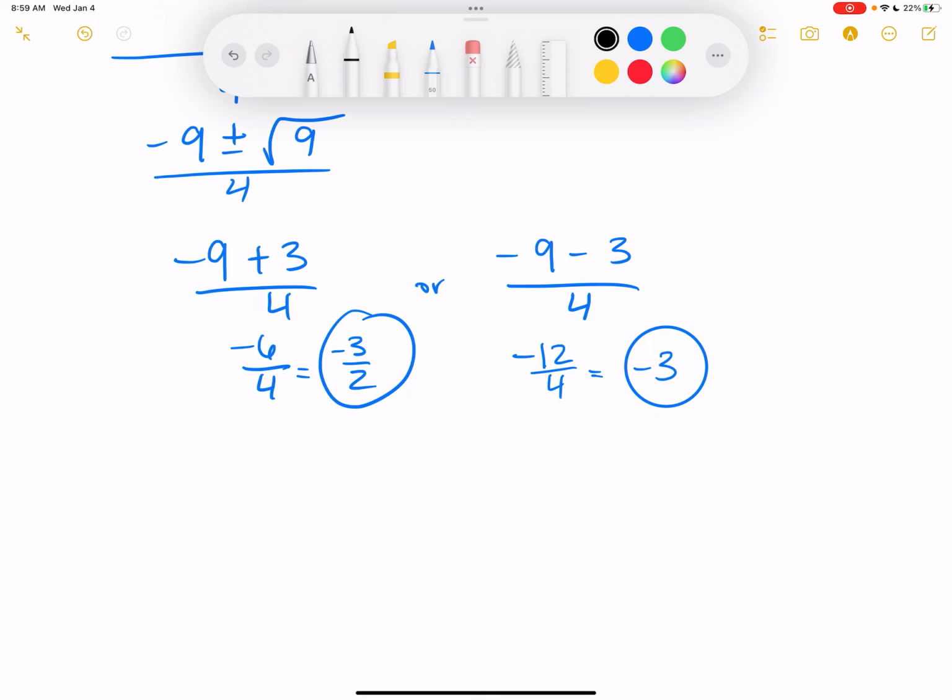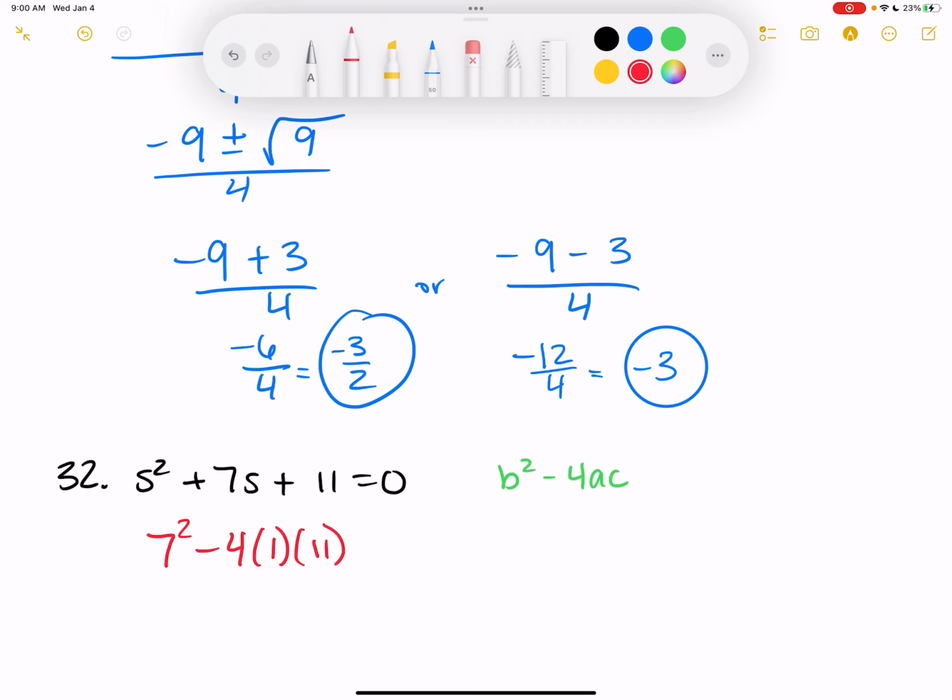All right, so 32, we have s squared plus 7s plus 11 equals 0. So again, all I care about is the b squared minus 4ac. So 7 squared minus 4 times 1 times 11.